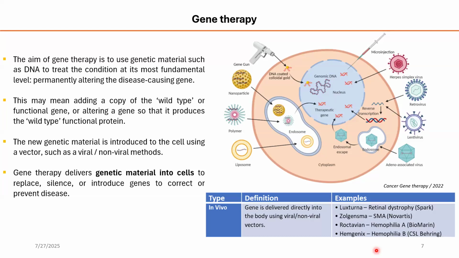So the vector is only a carrier. It's like a package taking the thing you need into the cell. Normally the virus itself has no immune reaction, and this is normally tested. Mostly they use lentivirus and adeno-associated virus. The reason is these viruses don't replicate inside the body, and they also don't cause any infection.